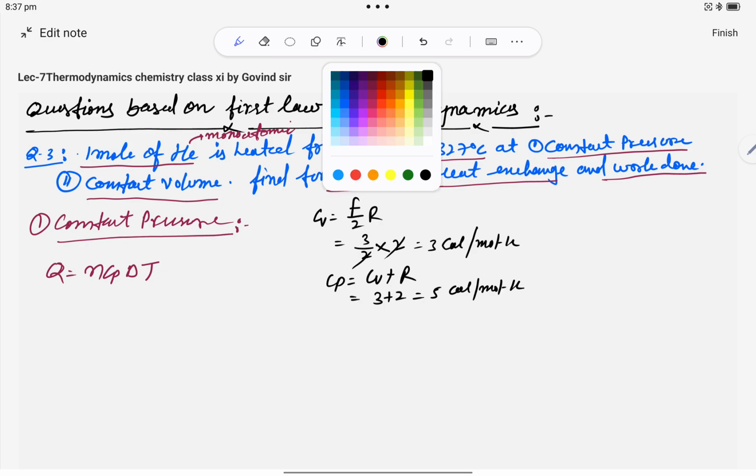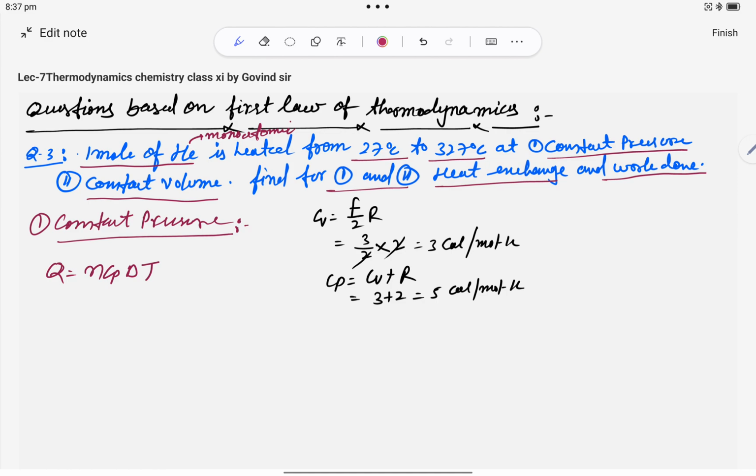So according to the formula, Q is equal to n, number of moles, given as 1 mole, so 1 into Cp, which is 5, and the temperature difference 327 minus 27, which is 300. No need to change to Kelvin because we are calculating a change only. So it will be plus 1500 calorie.